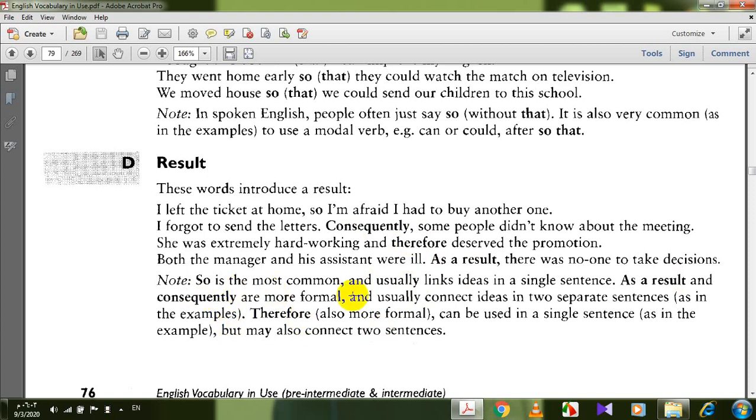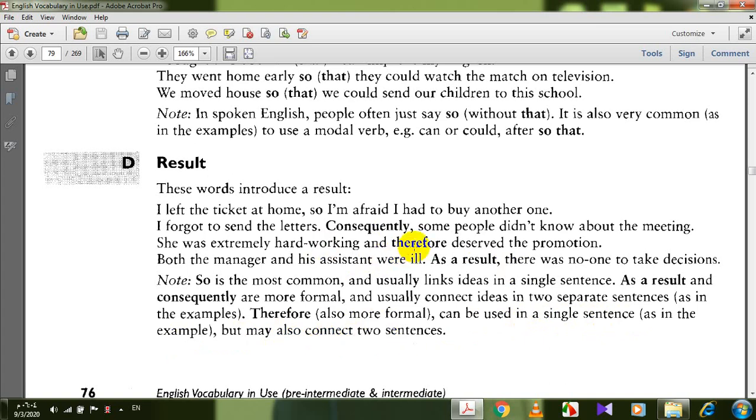Note, so is the most common and usually links ideas in a single sentence. As a result and consequently are more formal and usually connect ideas in two separate sentences, as in the examples. Therefore, also more formal, can be used in a single sentence as in the example, but it can also connect two sentences.